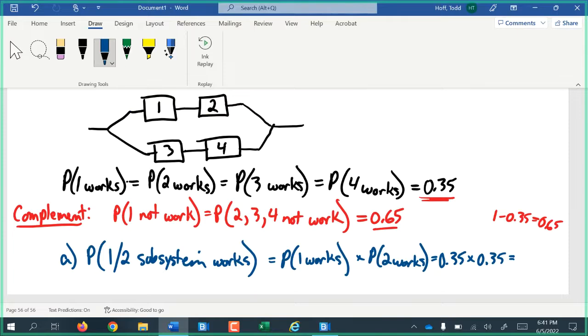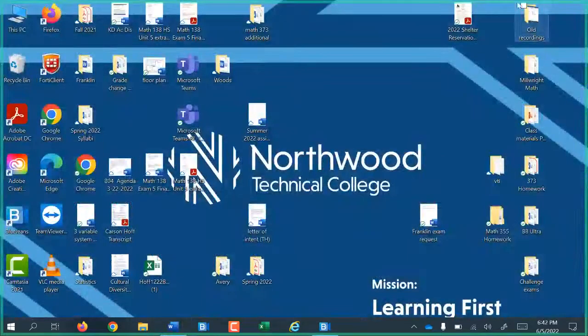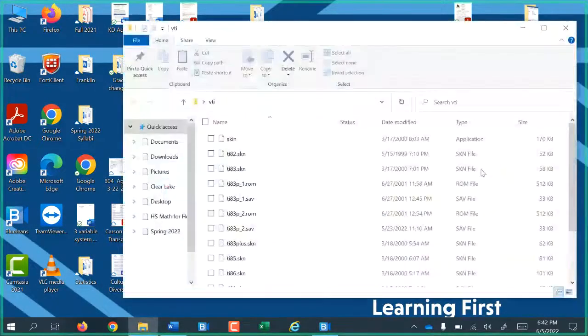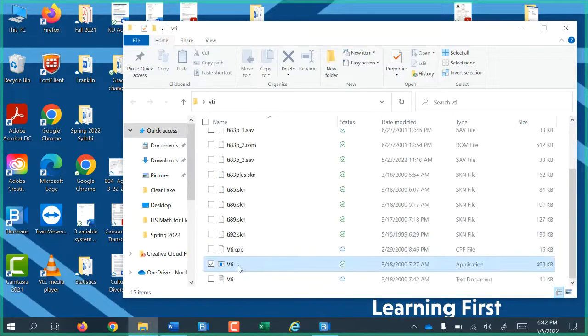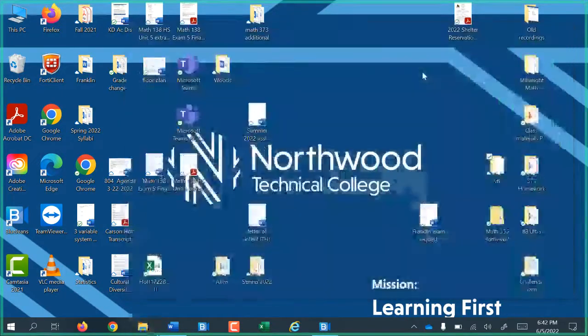Did not open my calculator here. Let me get that open. I believe it's 0.1225, but we'll double check it on the calculator. There it comes.